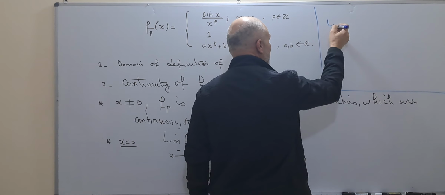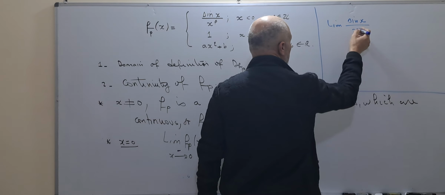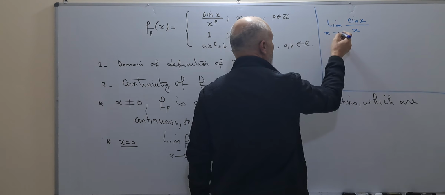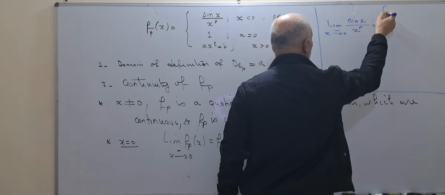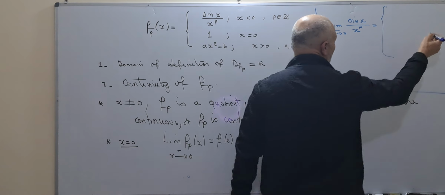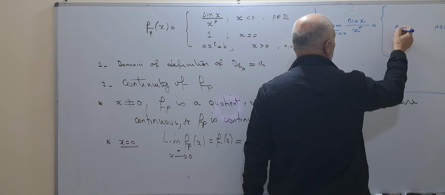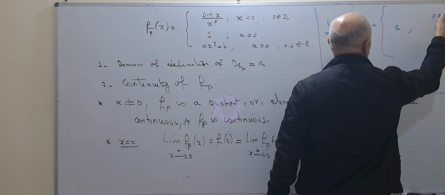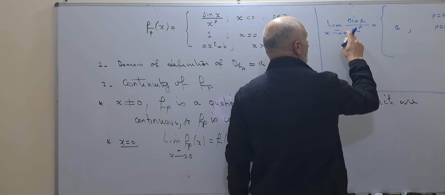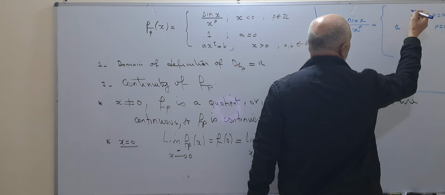The limit of sin x over x when x goes to 0 from the left is equal to 1 if p is equal to 1. If p is equal to 0, this is the limit of sin x, which is undefined.